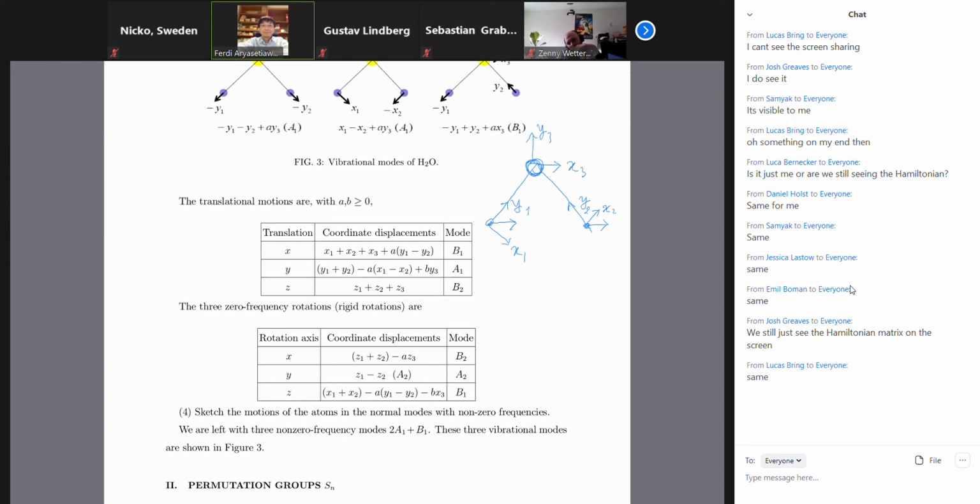So the linear combination corresponding to that translational mode is x1 plus, not necessarily a little bit, depending on this angle, a combination of x1 and y1, for the first hydrogen atom. And the same for the second hydrogen atom, except that it's minus because it's going opposite to the y2 direction.